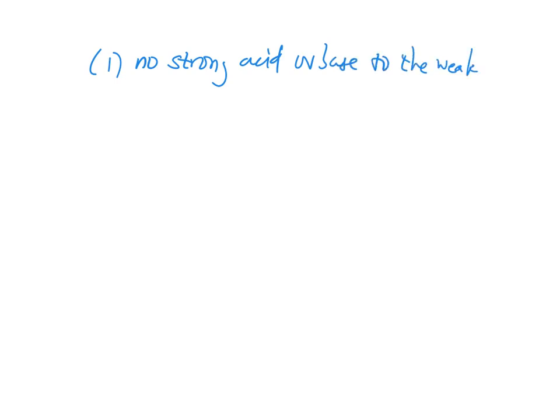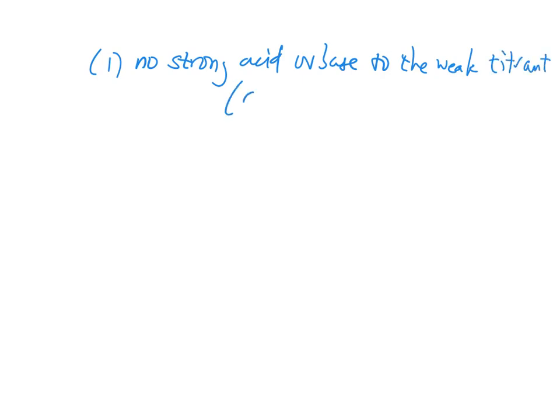Now the AP apparently doesn't want us to know it at all. But some things to think about would be the different possibilities that you have here. There's sort of a possibility, option one, which isn't really a possibility, which is that you haven't added any strong acid or base to the weak titrant.